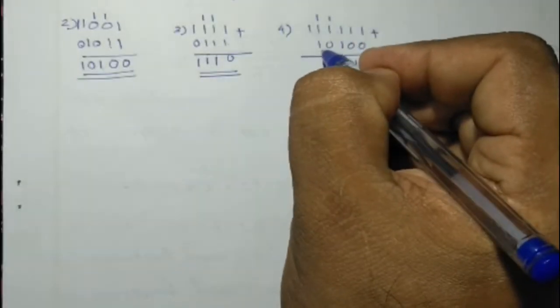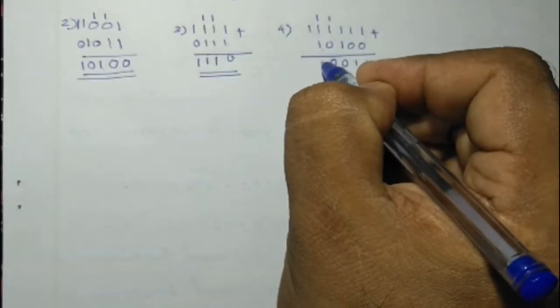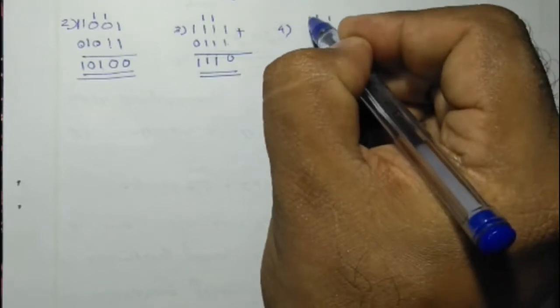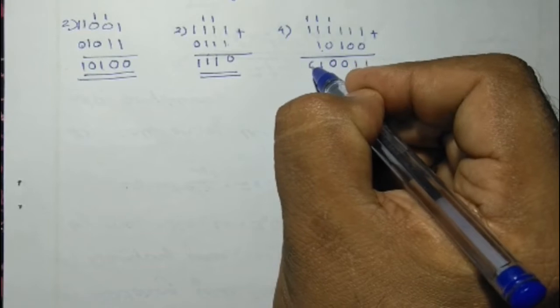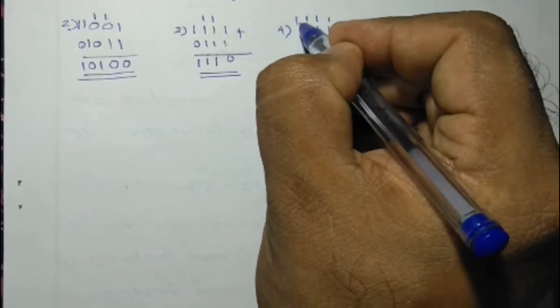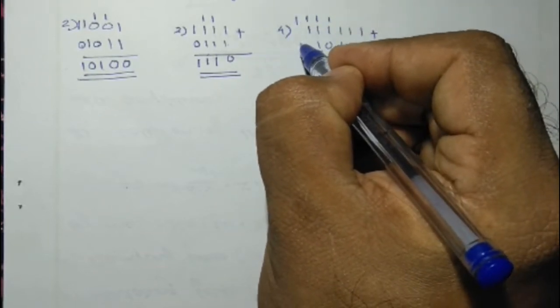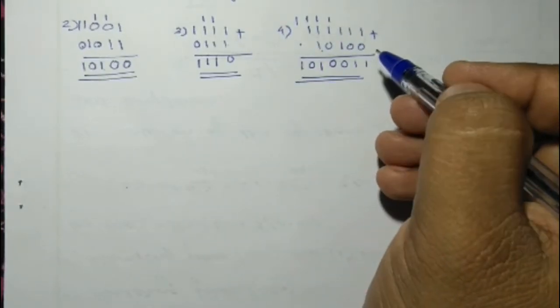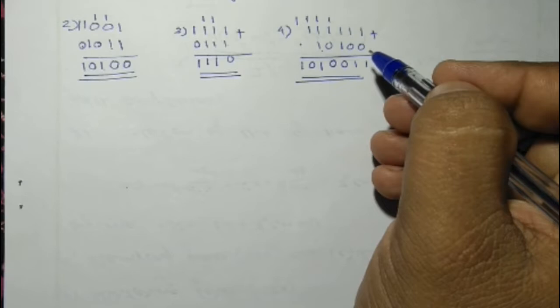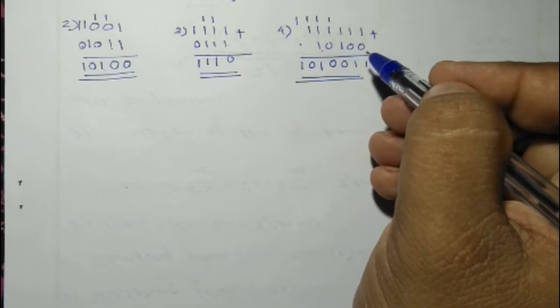We have 1 plus 1 plus 1, which gives a 1 here with a carry 1. And 1 plus 1 is 0 with a carry 1. And that 1, when added with an imaginary 0 here, becomes 1 here. So the answer is 1, 0, 1, 0, 0, 1, 1.